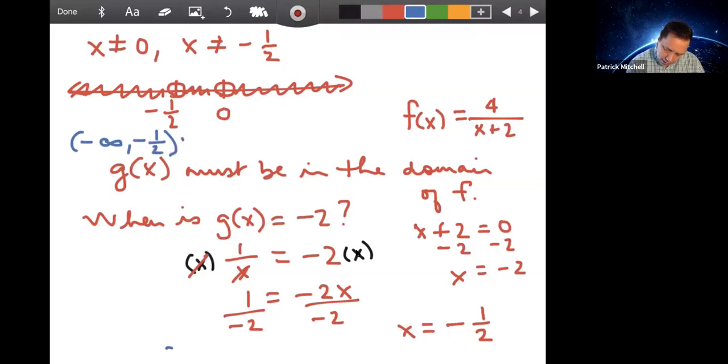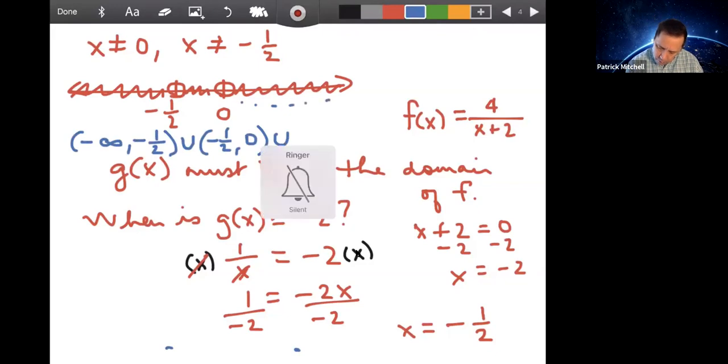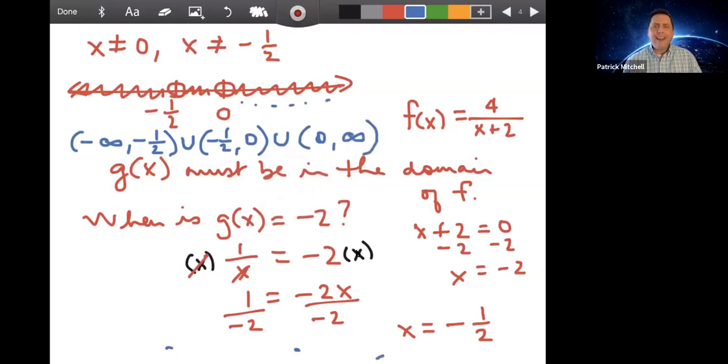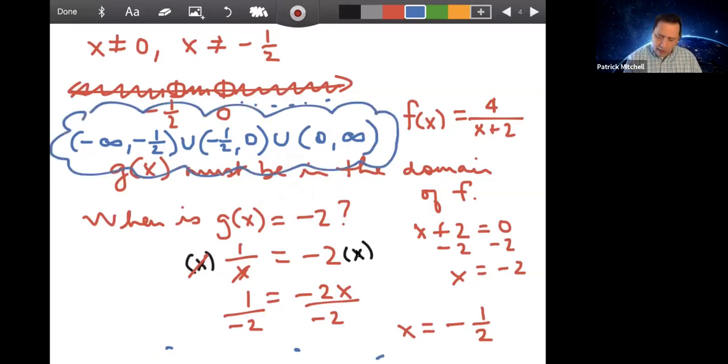And then I'm going to union that with the interval from negative 1/2 to 0. And finally, I'm going to union that with this interval right here, which is 0 to infinity. So that is the domain of this composite function.